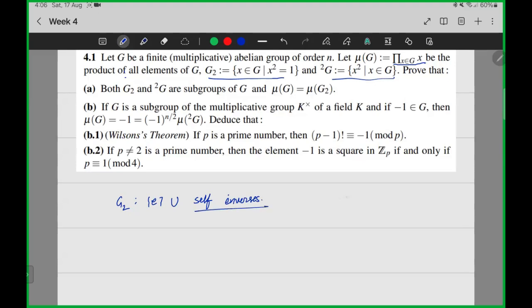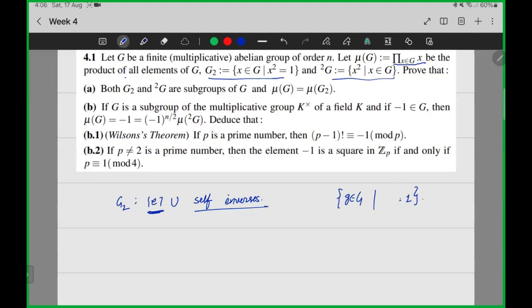What are self inverses? Elements from G that are inverse of themselves, meaning g squared is equal to identity. This is called the subset of self inverses. Sorry, this also contains e, because e satisfies this, but I can write the order of g is 2.